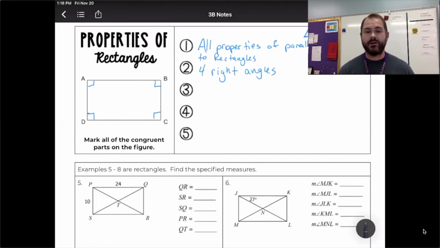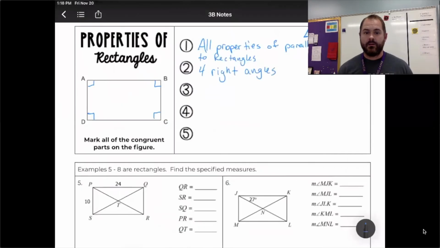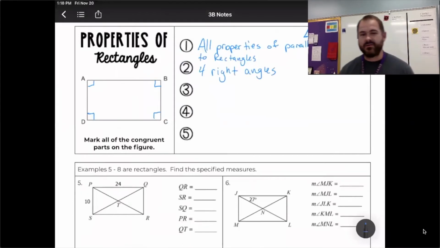And so as we look at that, that tells me that every measure there would be 90-degree angles. Okay, and as we continue talking about rectangles, there's another property we need to look at, and that concerns the diagonals.